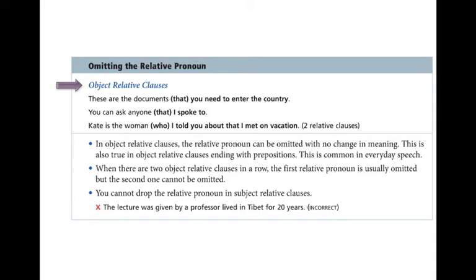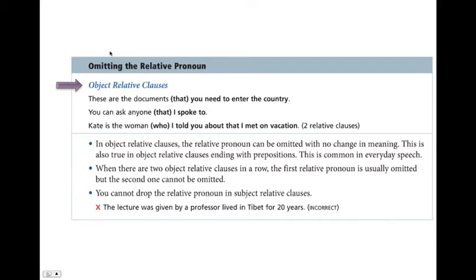Because there's no noun, there's no direct object after the word spoke. Instead, there's a preposition. I spoke to a person. I spoke to many people. You can ask anyone that I spoke to. You'll hear this form very often in spoken English. You can also hear, you can ask anyone I spoke to. So you can omit the object relative pronoun.